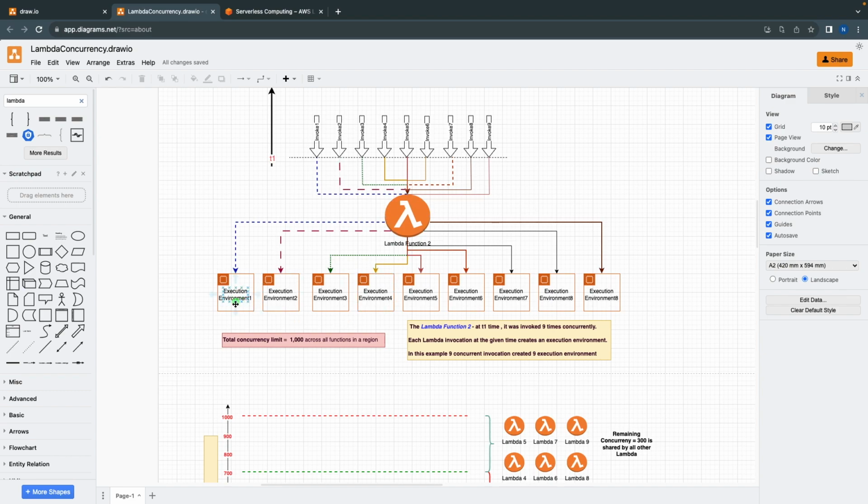So what happens is it quickly provisions those 9 execution environments because I have set reserved concurrency as 9. So it scales up until 9. The 10th invocation would be queued up, and it will not be processed in a new execution environment, but it will be processed by an existing one, which can handle the request once it processes the previous one.